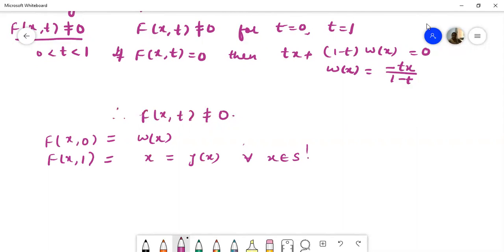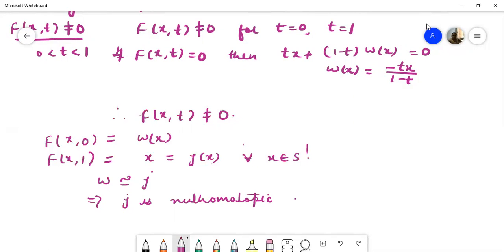So this is a homotopy between w and j, or we can say that w is homotopic to j. Now we are saying that w is null homotopic, and secondly w is homotopic to j. It means by transitivity j is null homotopic, meaning j is homotopic to a constant map.